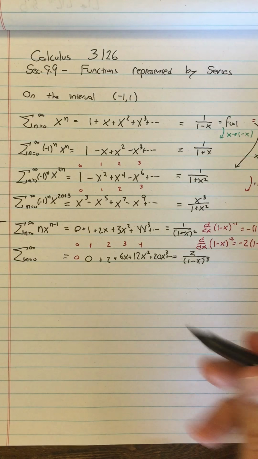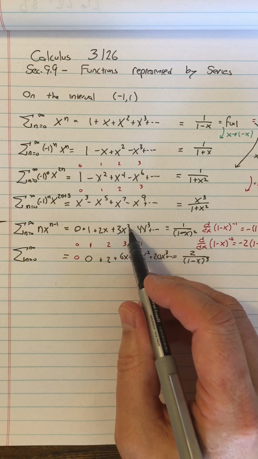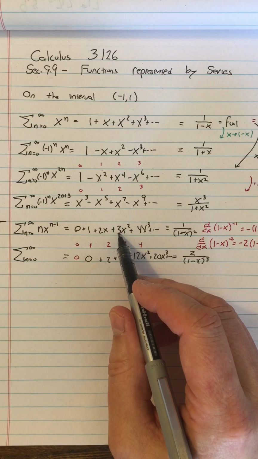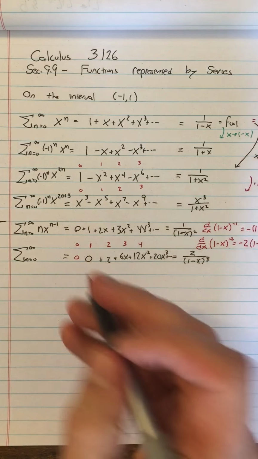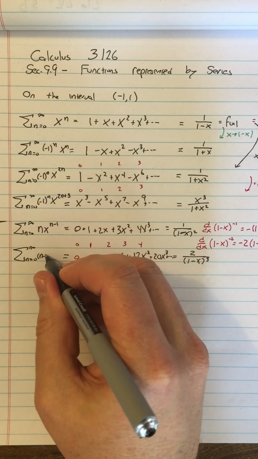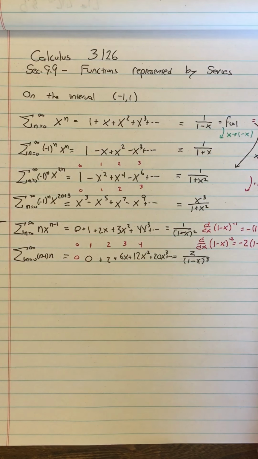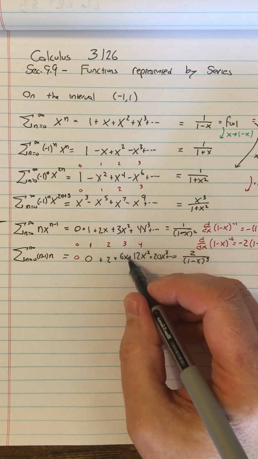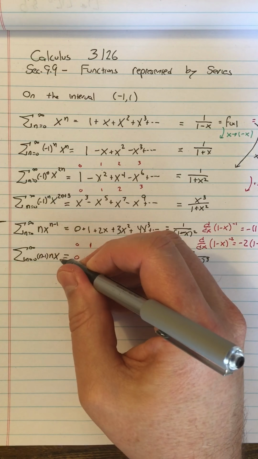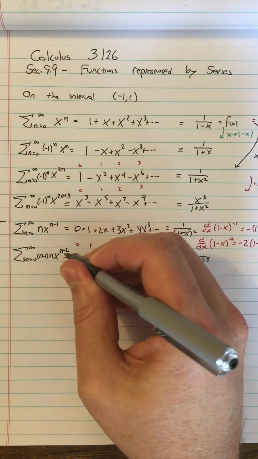And this n equals 0 is going to be another 0 term, the way that I set it up. What you have here is I took n minus 1 and multiplied it by n. That's the key here: I have n minus 1 times n. And then what's my power of x? My power of x is 2 less than n, so times x to the n minus 2.